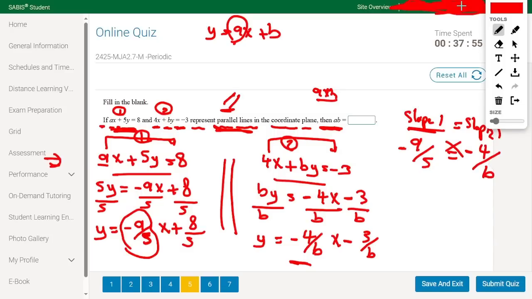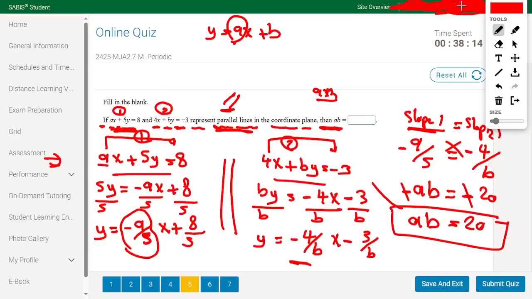Cross multiplication, we will have minus ab equals minus 4 multiplied by 5, which is minus 20. Negative will go with negative, so ab will equal 20. So the answer here, ab equals 20.